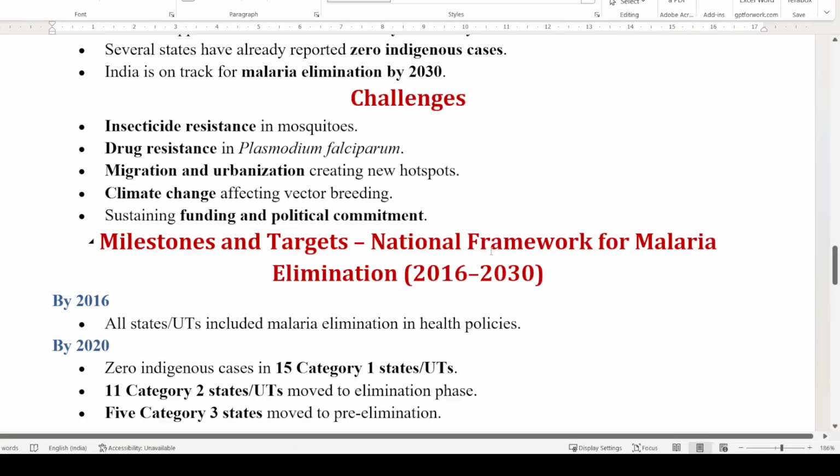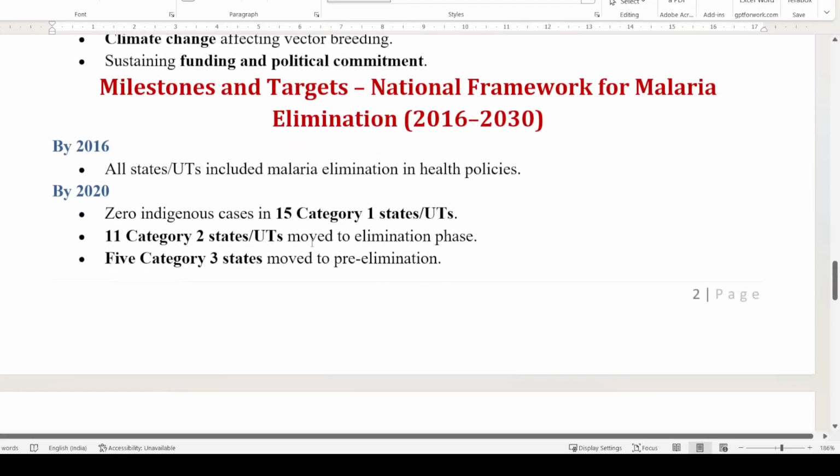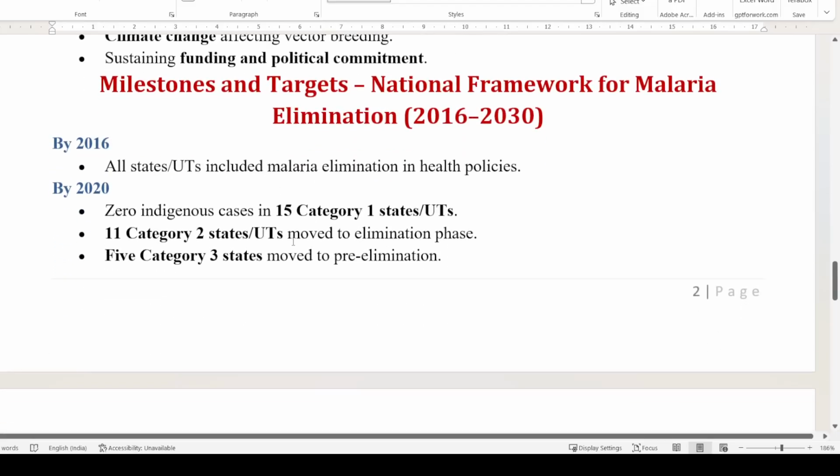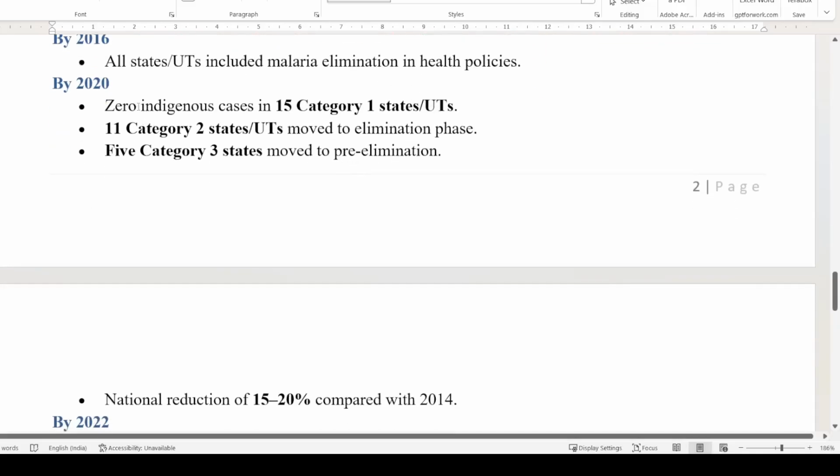Now, if we talk of the national framework for malarial elimination till 2030, these are the different milestones achieved and the targets. By 2016, it was said that all states should include malarial elimination in health policies. By 2020, there should be no indigenous cases. Then many states and UTs move to the elimination phase.